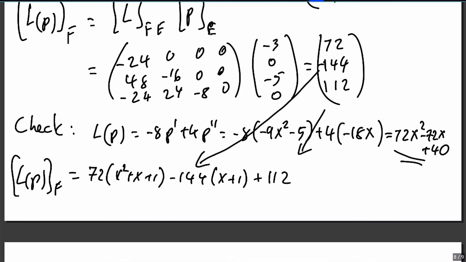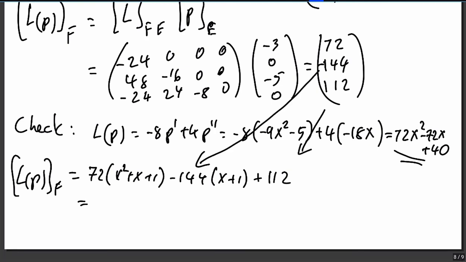If you do some simplification here, we still have 72x squared, then 72x minus 144x is minus 72x, and then 72 minus 144 is minus 72, plus 112 is plus 40. So we get the same answer in two different ways.